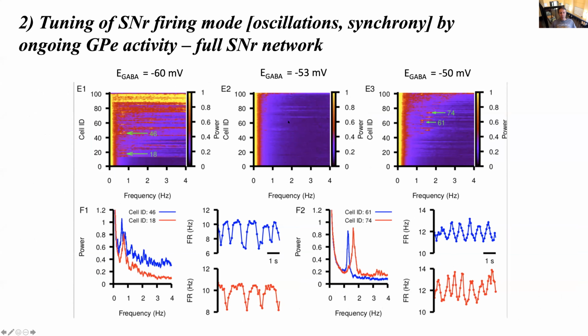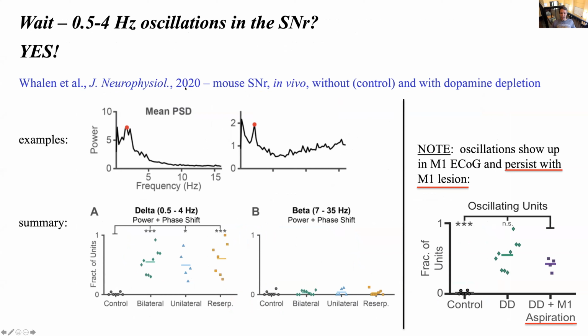This is not the range of frequencies that people usually think of. Right? Beta is sort of the superstar frequency range right now, which is more like 15 to 30 or maybe down to 8 to 30 hertz. This is 0 to 4, but we have a brand new paper also from the Gittes lab showing that in these animals, where all this data is from, in the mouse, there isn't really beta.